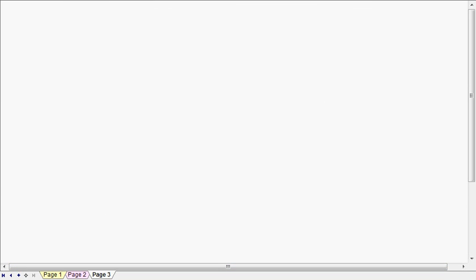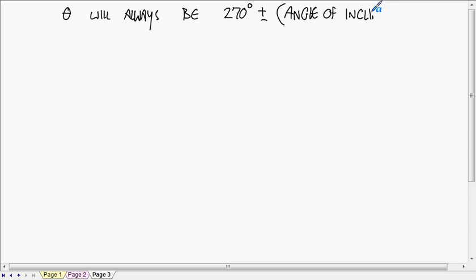So I think maybe the simplest answer is theta will always be 270 degrees plus or minus the angle of the incline from horizontal.